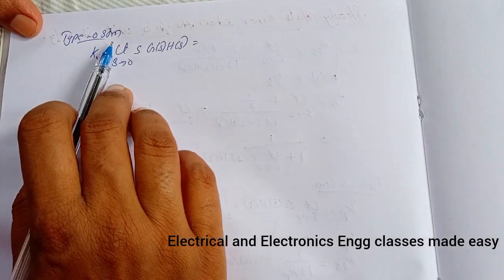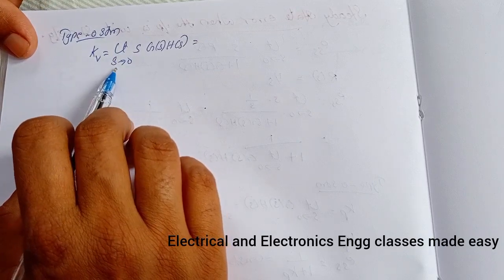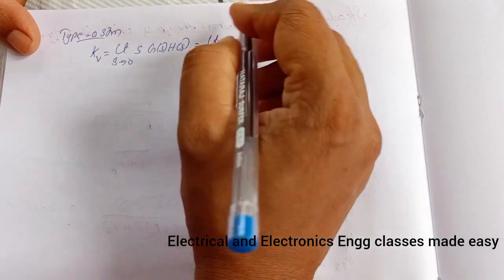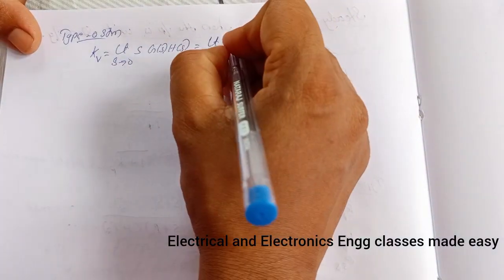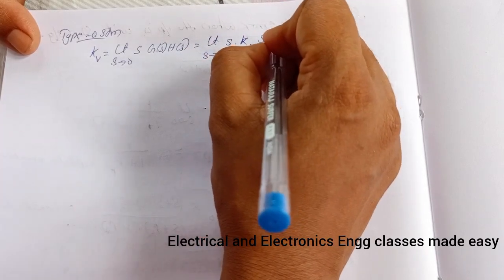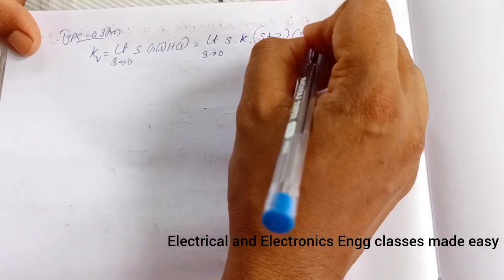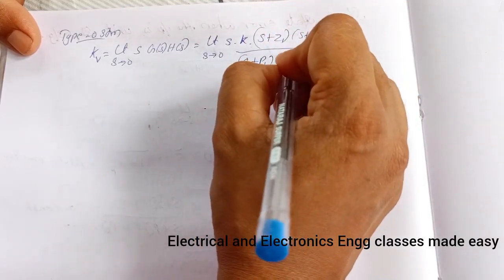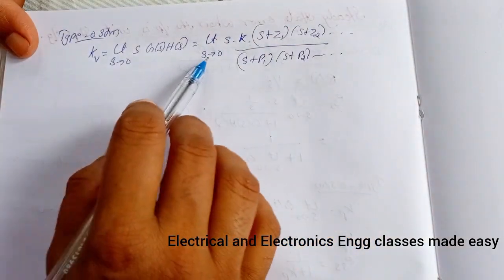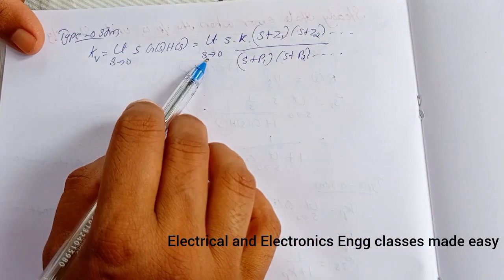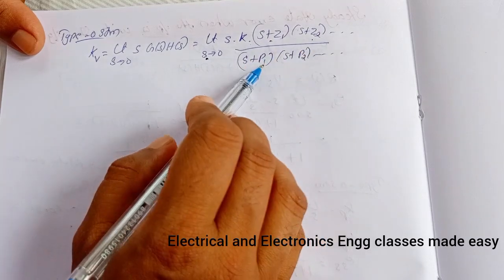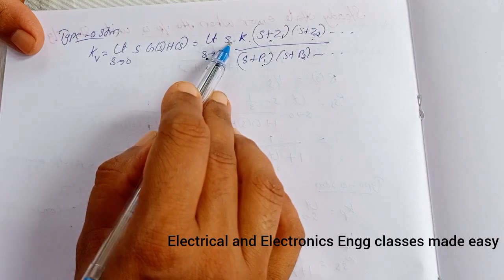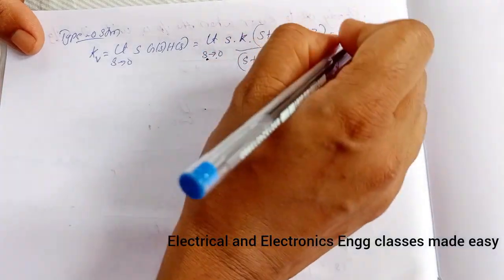Now we have to define these values for different type systems. For a type 0 system, Kv is equal to limit s tends to 0, s into G of s H of s, that is s into K into s plus z1 into s plus z2 etc., divided by s plus p1 into s plus p2 etc. Applying this limit, because of the s in the numerator we get 0.